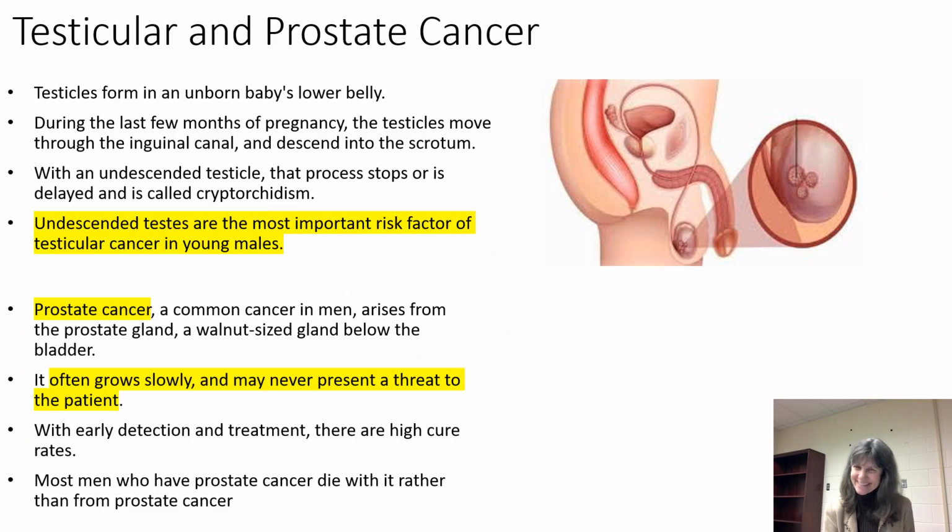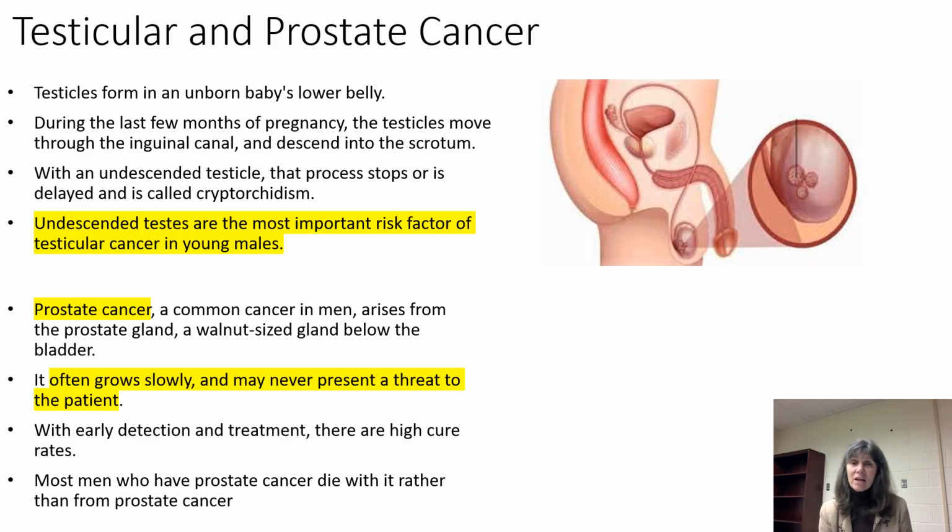And I'm back. So we're going to look at testicular and prostate cancer next. The testicles actually form in an unborn baby's lower abdominal region, and during the last few months of pregnancies, those testicles will start to descend and move downward.